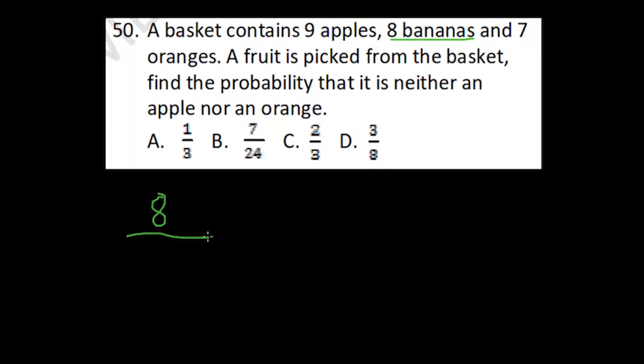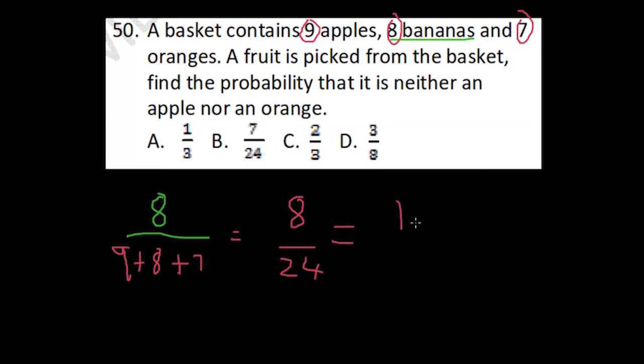So what is the total? 9 plus 8 plus 7, that's 24. 8 over 24, which is 1 over 3. So that's option A.